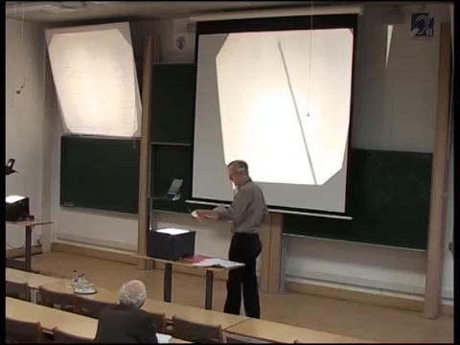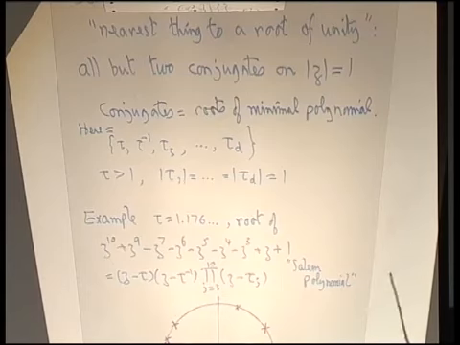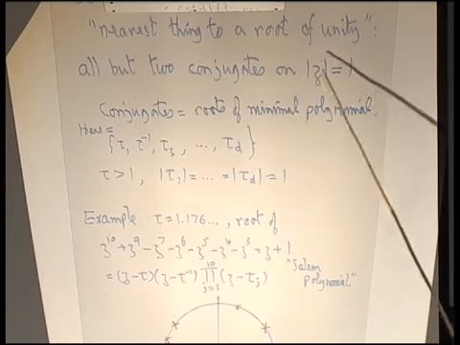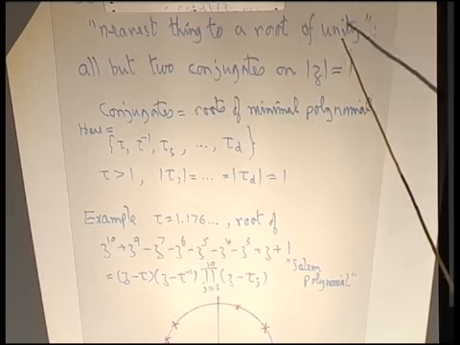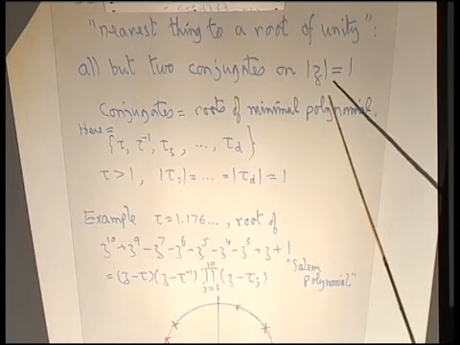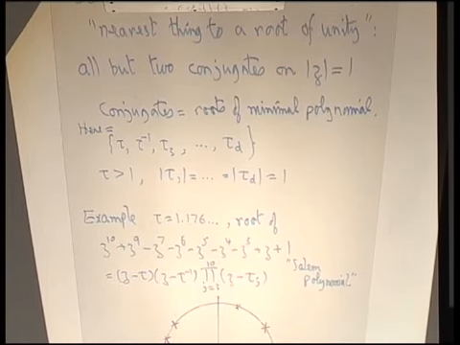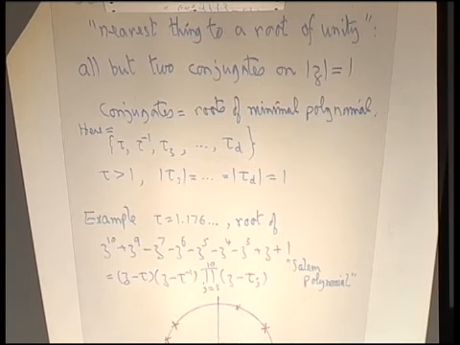The kind of numbers I'm interested in, algebraic numbers, are Salem numbers, and they're almost roots of unity, except that they've got one conjugate bigger than one and one smaller than one, and all the others are on the unit circle.